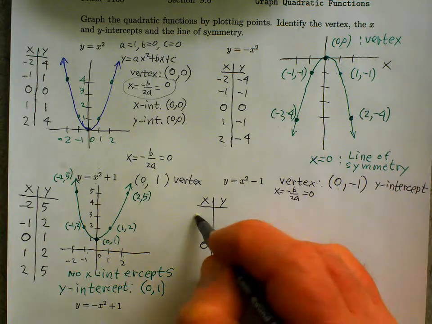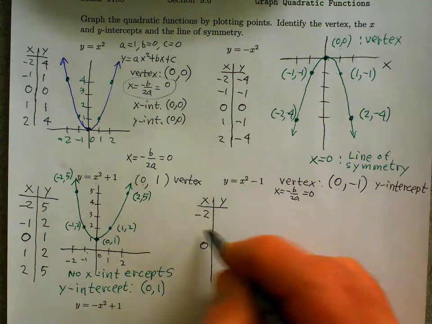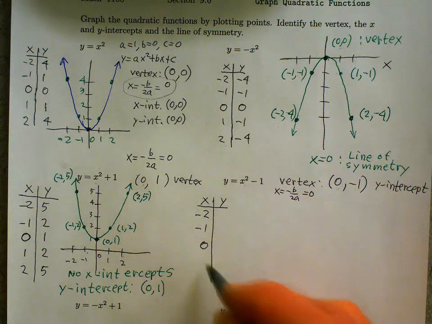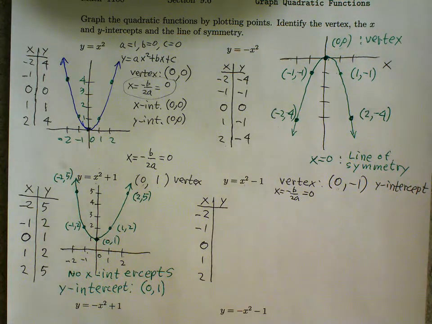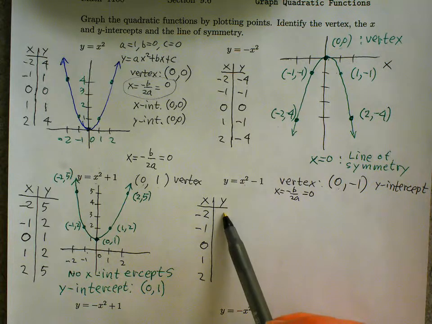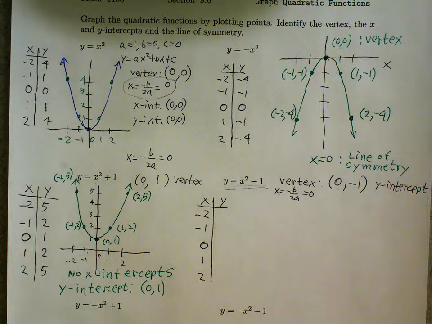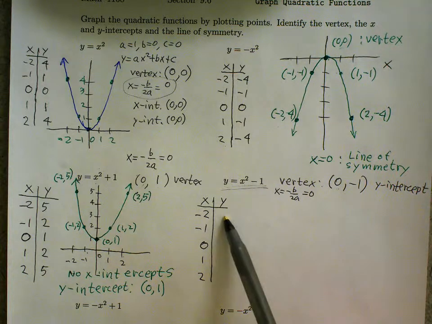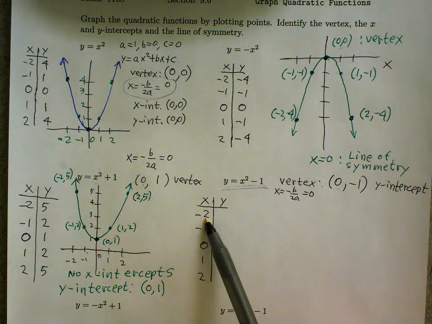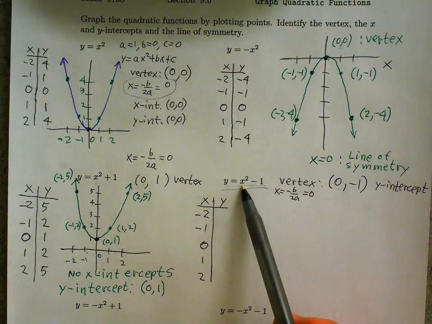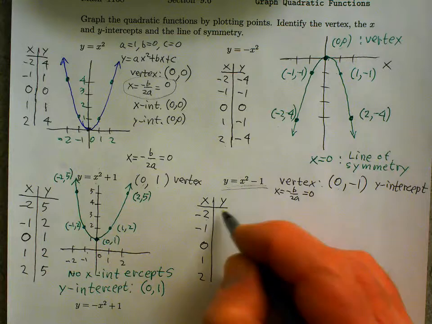So I'm still using the same x-coordinates, -2, -1, 0, 1, and 2. And then to find the y-coordinates, I'm using the function as a formula for finding the y-coordinates. When x is -2, the y-coordinate is the number -2 squared minus 1, or 4 minus 1, which is 3.